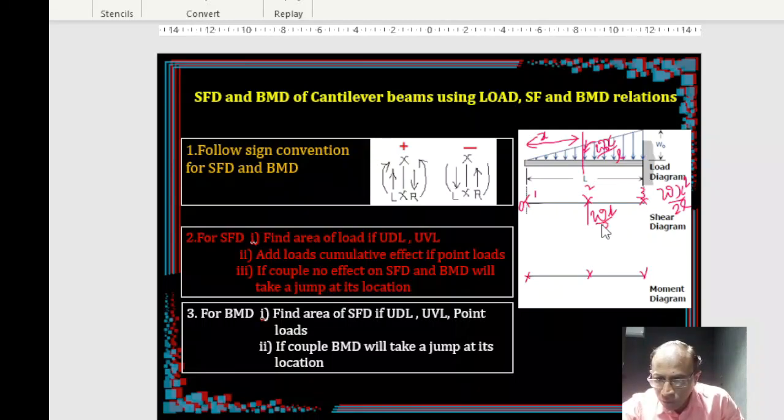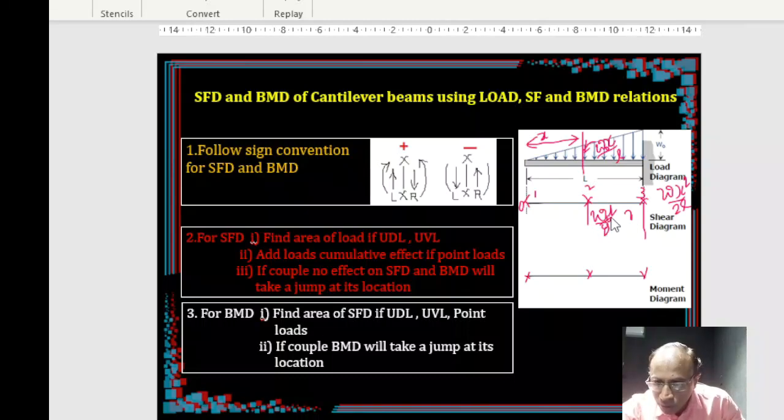Now you go to the point 3, right? Here, if you want the ordinate, you find the area between 0 to 3, this whole area. So this is straightforward, half times W naught times x. So what is the ordinate? Put x equal to L, right? You are taking at a distance L. This is also W naught, by the way.